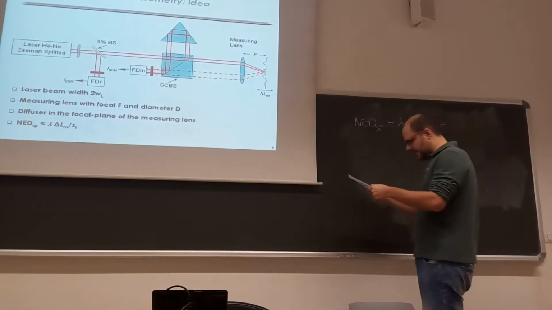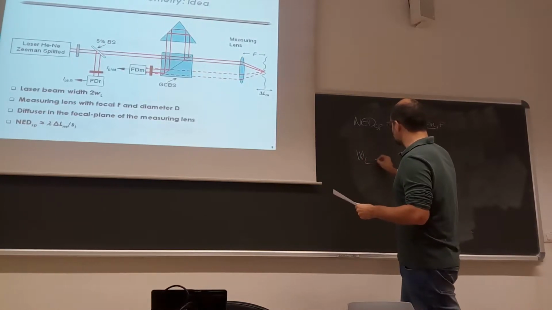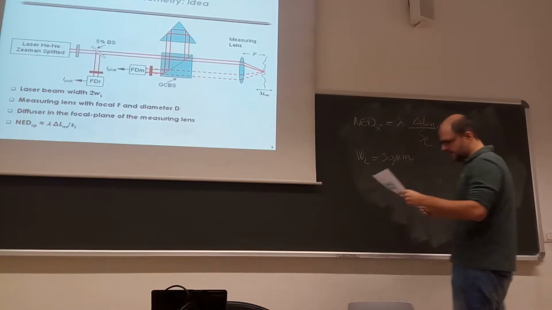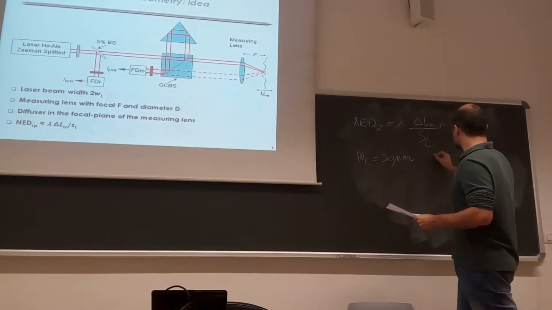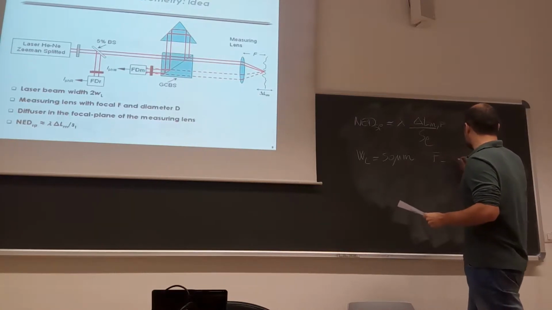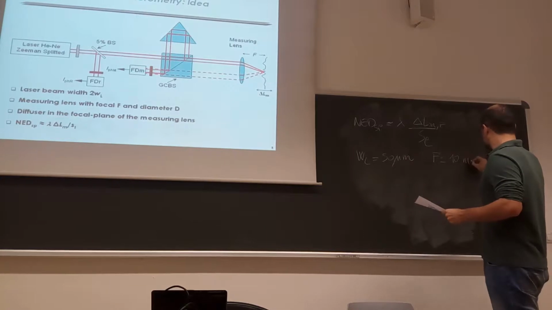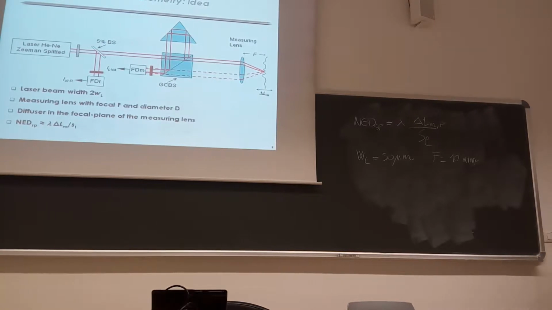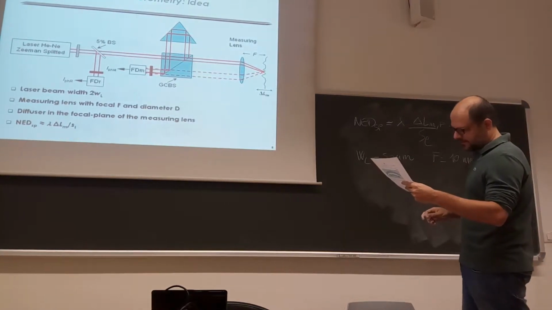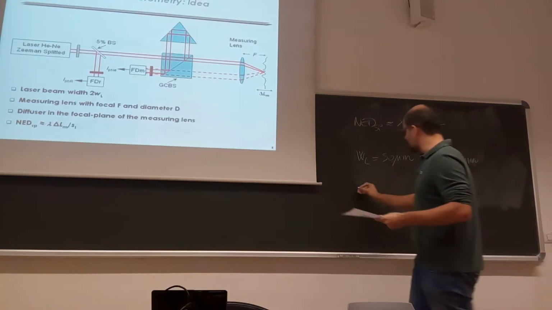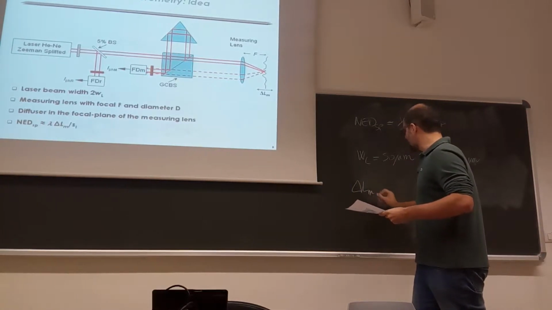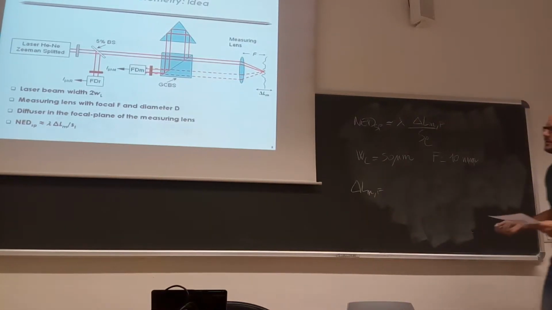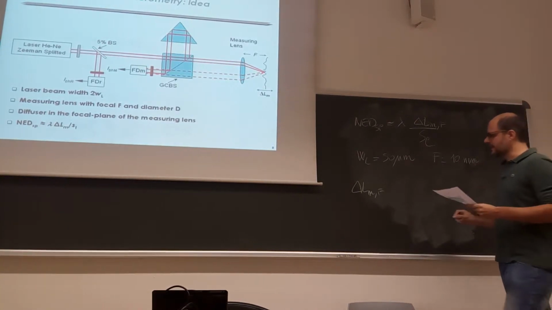For example, if we work with a radius of the laser beam that is 50 micrometers and with a lens that has a focal length of 1 centimeter, or let's say 10 millimeters, then what do we have? Okay. For example, let's look at the depth of focus of the lens, the effective depth of focus of the lens.